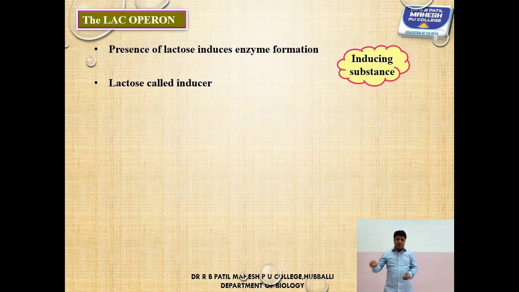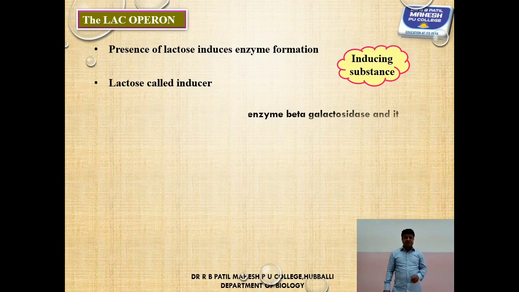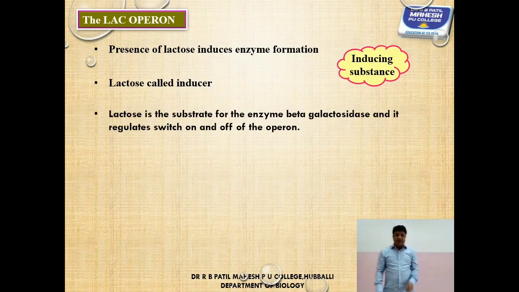So in the presence of inducer, these three enzymes are produced, and as a result of this, lactose metabolism takes place. Look at here. Lactose is a substrate for the enzyme beta galactosidase, and it regulates switch on and switch off of the operon. So in the presence of lactose, the switch on mechanism takes place.